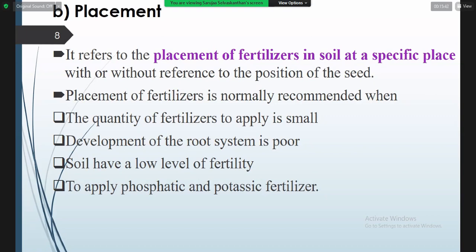That is placement of fertilizer. Third, when the soil has a low level of fertility, you would need a lot of fertilizer with broadcasting, so we use the placement method, where a small amount of fertilizer is enough. Fourth, to apply phosphoric and potassic fertilizers, which are applied using this method.